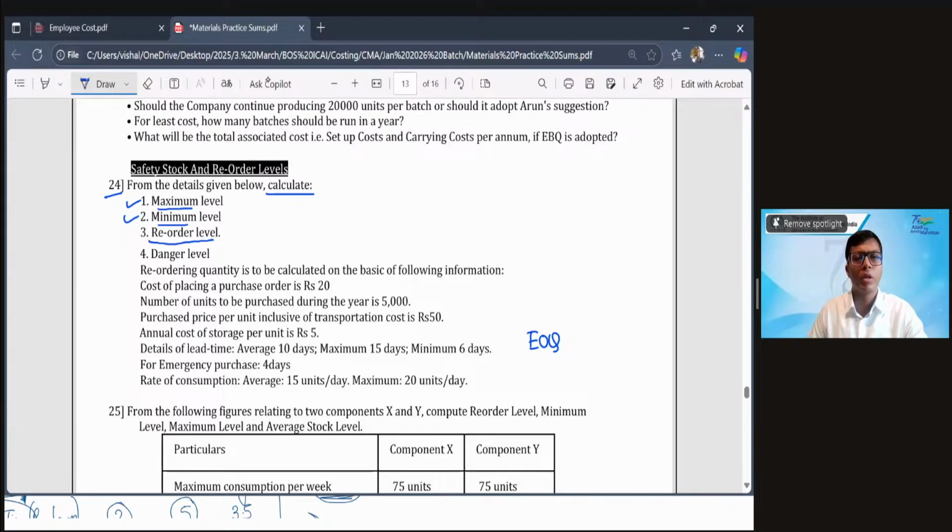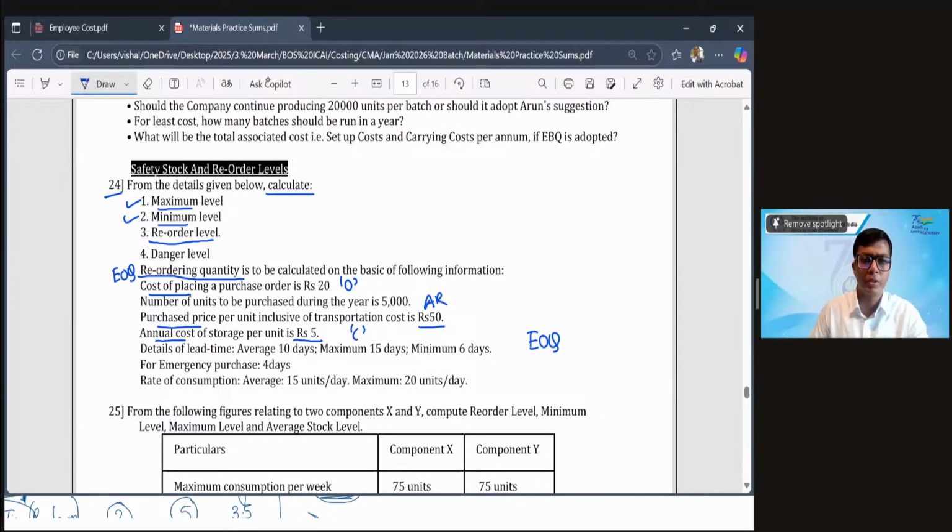Now, what is the data given? The reordering quantity, which means EOQ, is to be calculated on the basis of the following information. They have given you the cost of placing order, which is O. Number of units to be purchased during the year, that is AR. Purchase price, 550. Annual storage cost is 5. So C is given. All data is given.